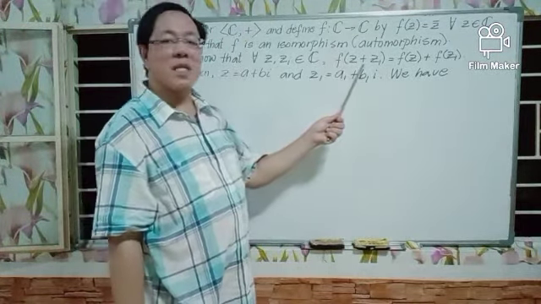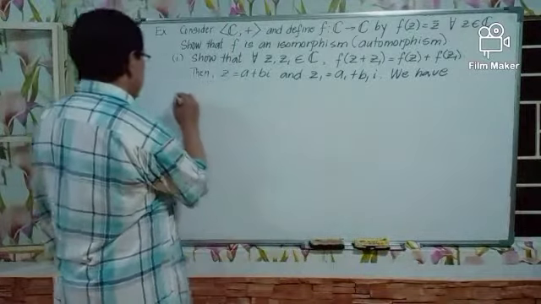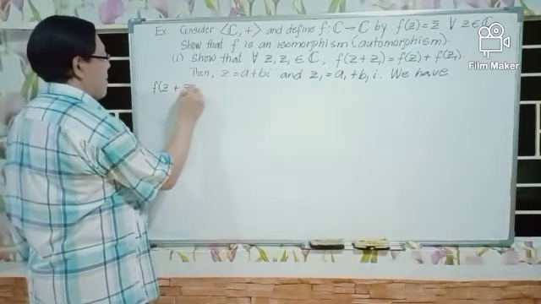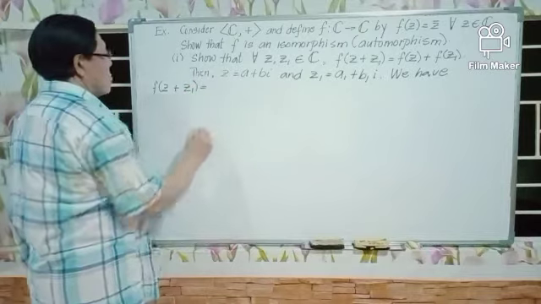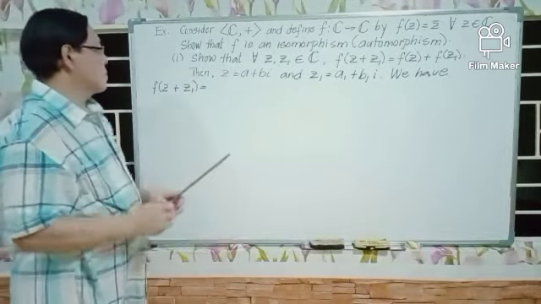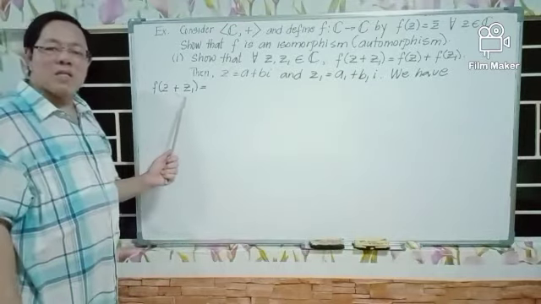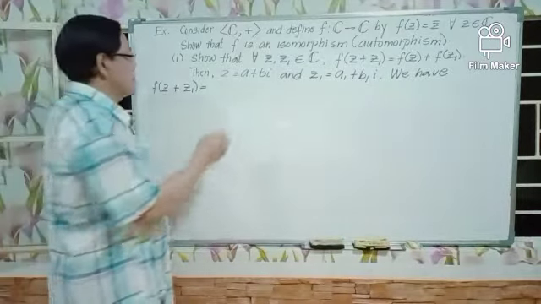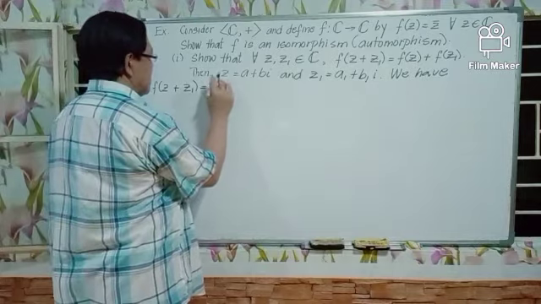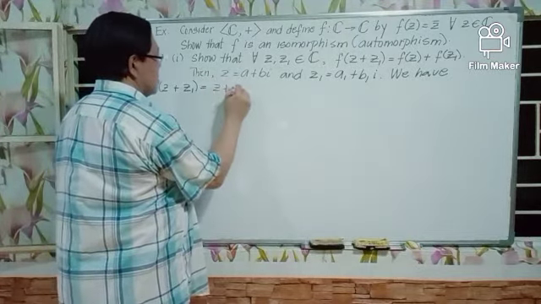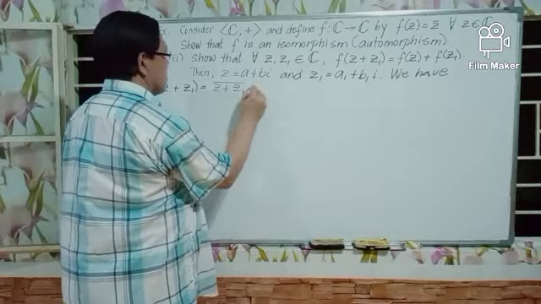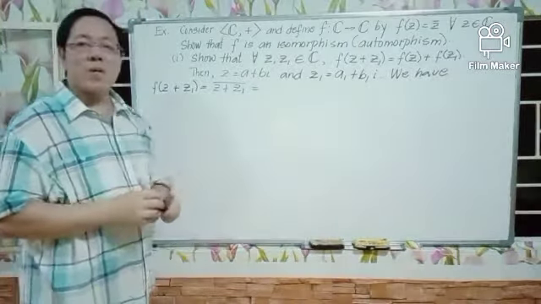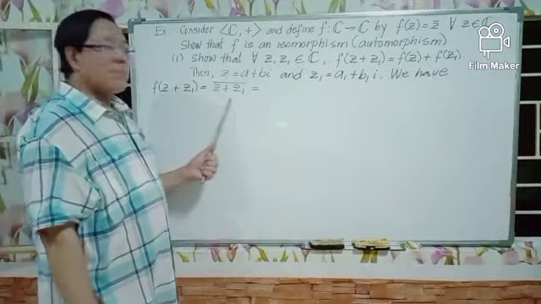So we start with f of z plus z1. We have f of z plus z1 under the function f defined is equal to the conjugate of z plus z1. And we obtain the sum z plus z1.